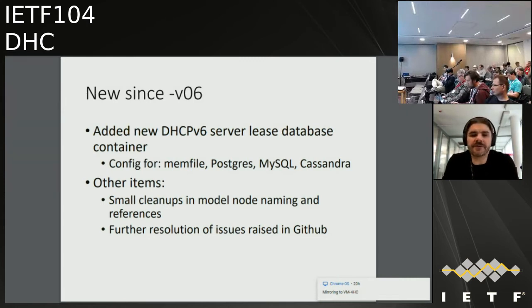So we've added stuff from that, which was mainly lifted from the ISC implementation. There have been some other small cleanups as well, but nothing too major. Those are the main changes since 06. Next slide, please.